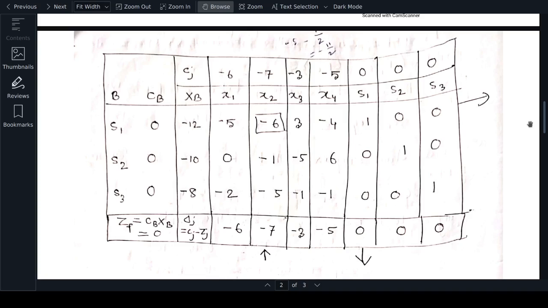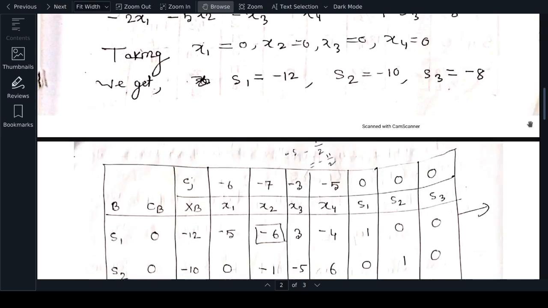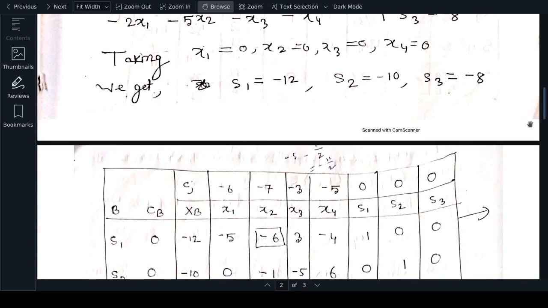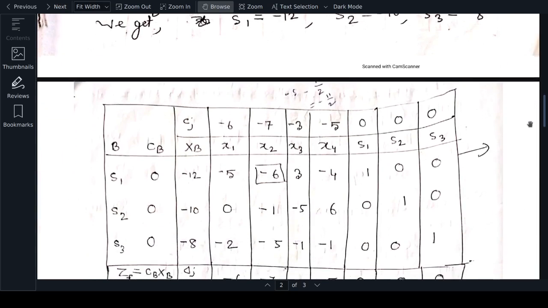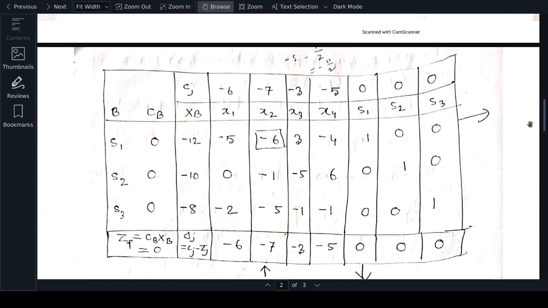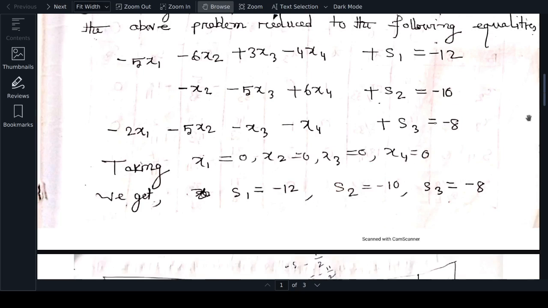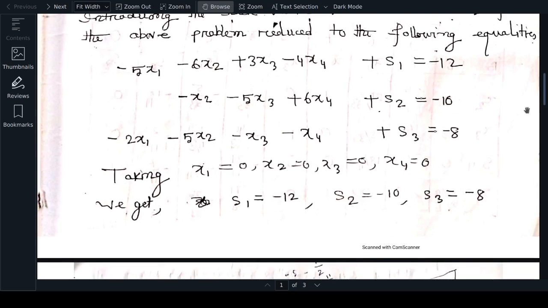And Cj means the coefficient of the objective function. When we introduce slack variables s1, s2, s3, similarly we write in the objective function plus 0 into s1 plus 0 into s2 plus 0 into s3, right?